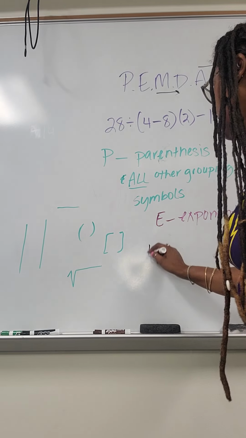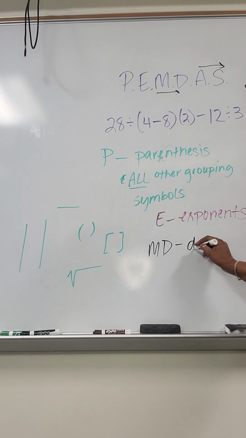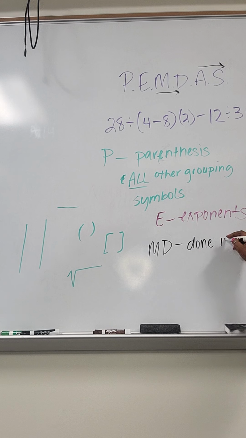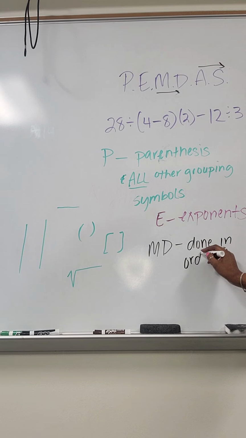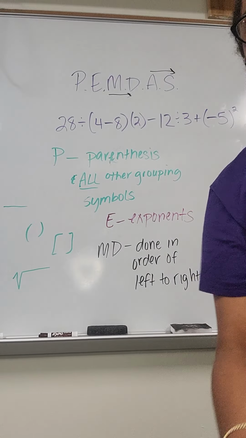The M and the D represent multiplication and division, but those are done in order of left to right. So what that means is that just because the M is written first, we do not necessarily just do multiplication first.